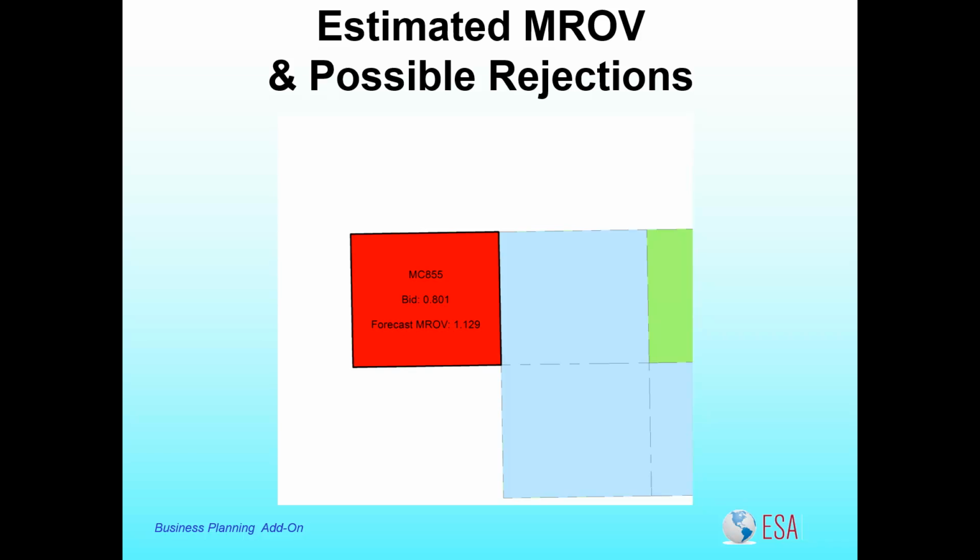But this should key you in, and that's the idea: we want to give you the information and say, hey, from a public standpoint, this looks like an over $1 million MRV block. Perhaps you should reconsider. If you don't think the block is going to be worth that much, you don't want to bid much. But you should keep in mind you may lose this block. The government may reject it.